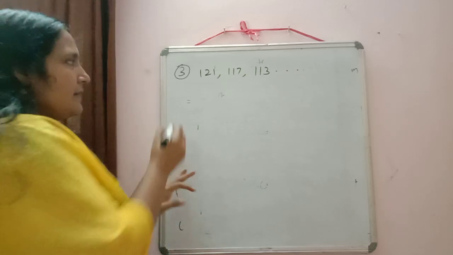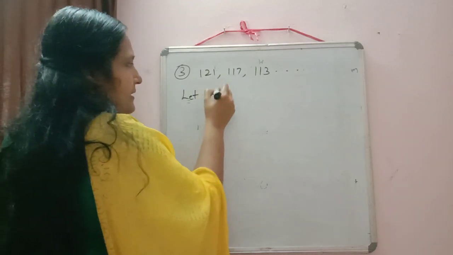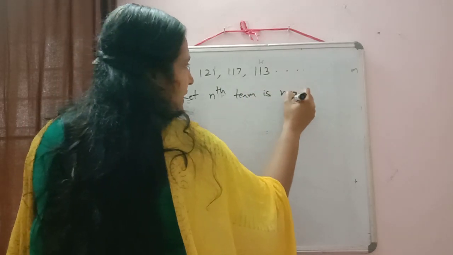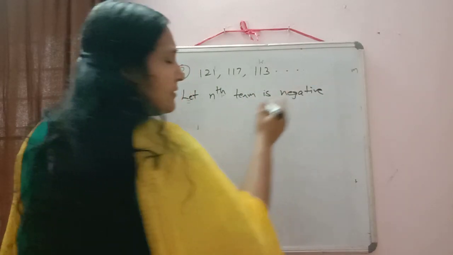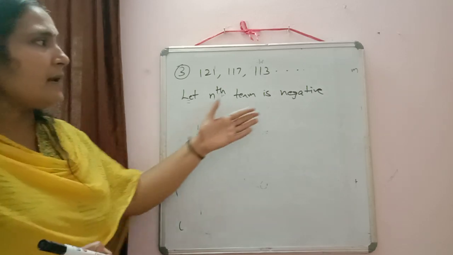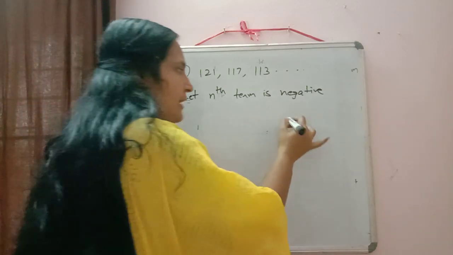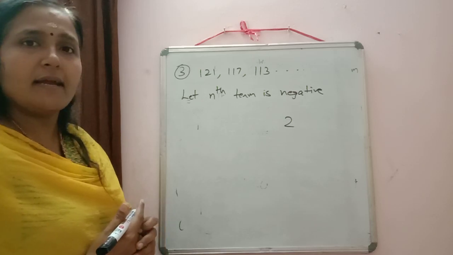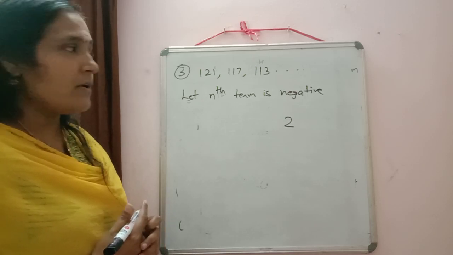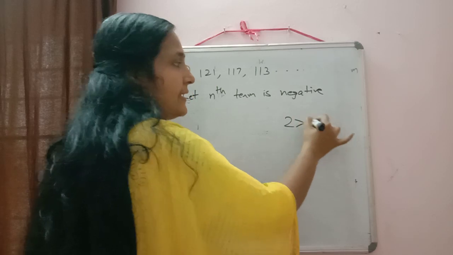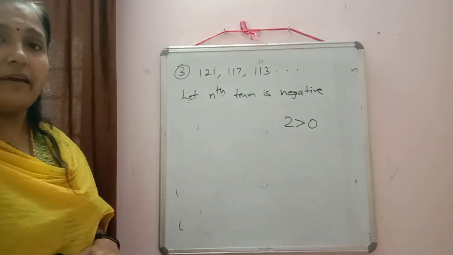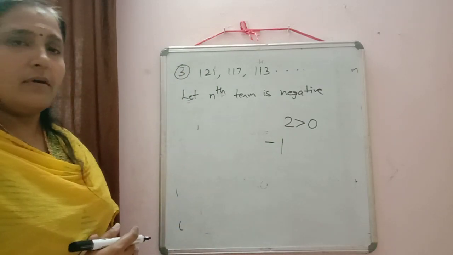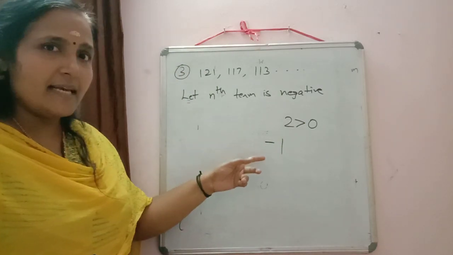So here also we'll write: let the nth term be negative. What do you mean by negative? When we are saying a number is negative, can we say 2 is negative? No. Why am I saying 2 is not negative? Because 2 is greater than 0. Is minus 1 negative because the minus sign is there?